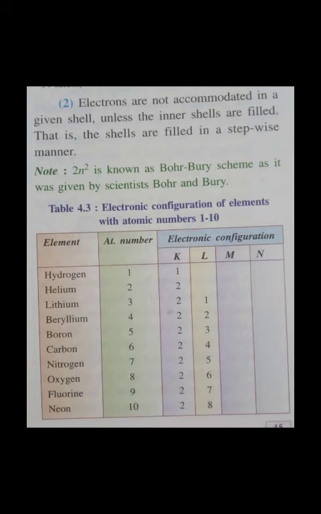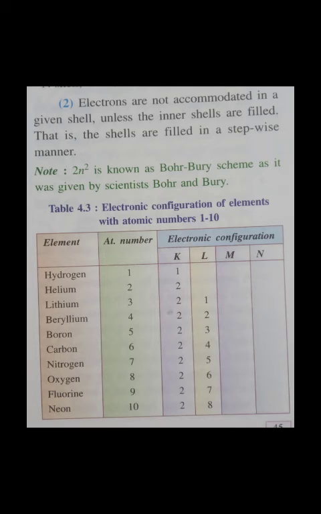Now 3. The first 2 electrons get filled in the K shell and the one remaining will go to the L shell. Lithium, atomic number 3 and number of electrons 3. 2 get filled in the K shell, 1 gets filled in the L shell.